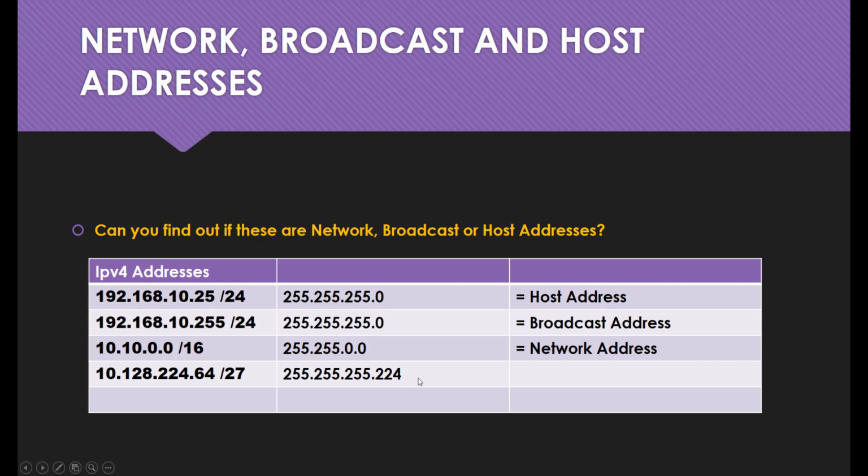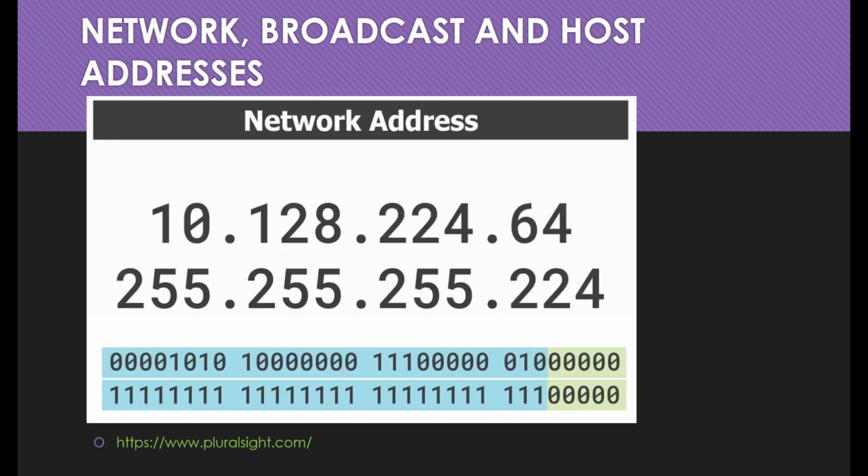Let's look at the normal method we use. When you come down, you see we actually have to convert this to binary, and if you convert the subnet mask, you can see that it identifies the host portion where it has all zeros.